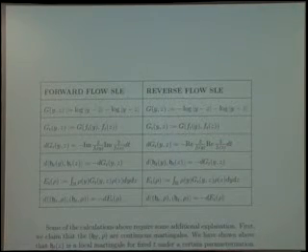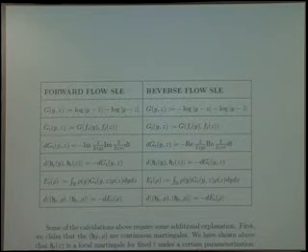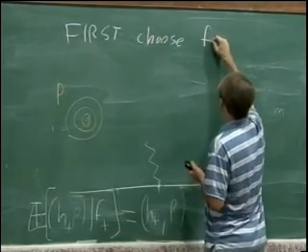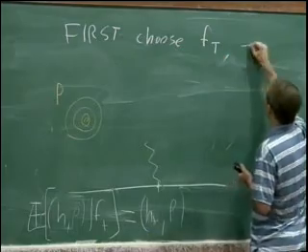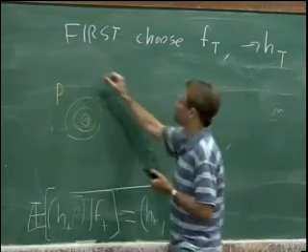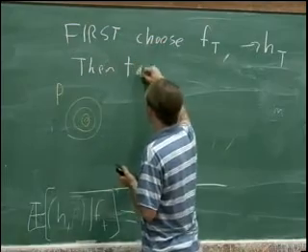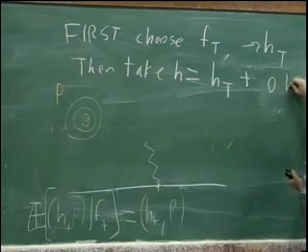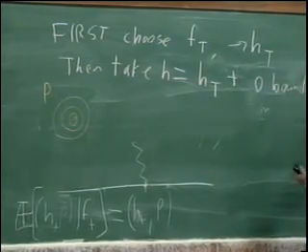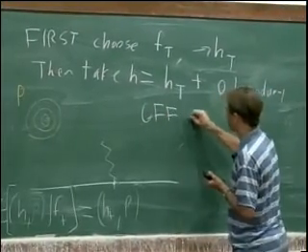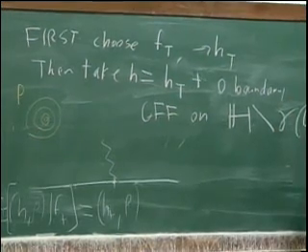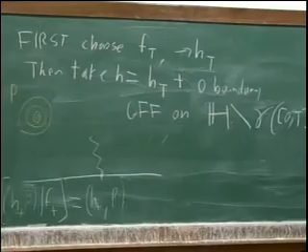So recall what I'm always doing is saying, first choose gamma t, which determines h t, then take h equal to h t plus a zero boundary Gaussian free field on H minus gamma 0 to t.